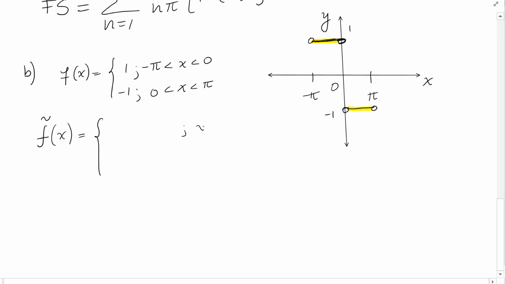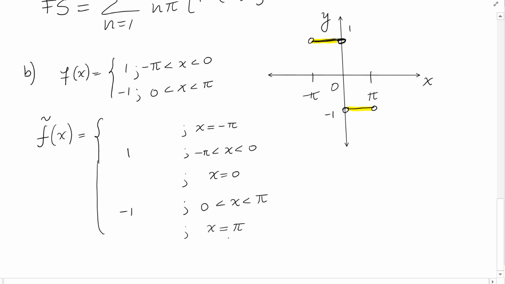I don't know exactly what it converges to at negative pi. I know that between negative pi and 0 it is going to converge to 1. I don't know what happens at 0; we are going to discuss that. I know that between 0 and pi it is going to converge to negative 1 because it's continuous there. And I need to find out what happens at pi.